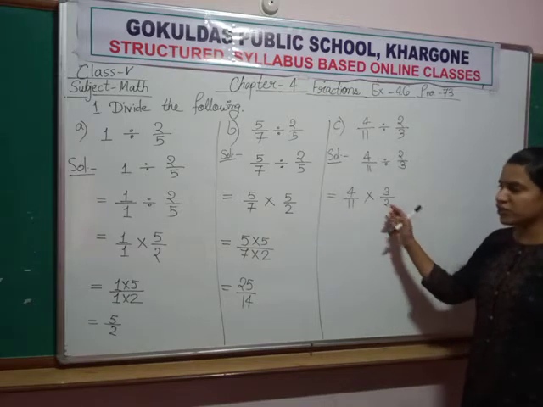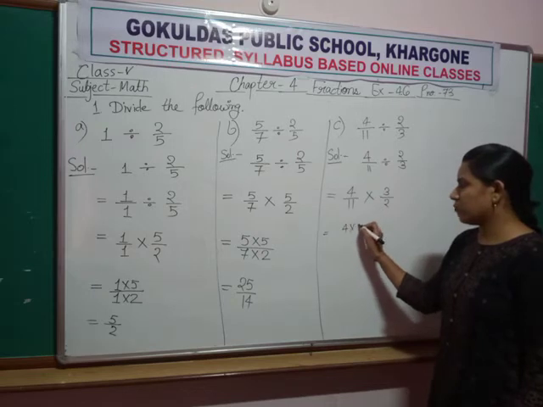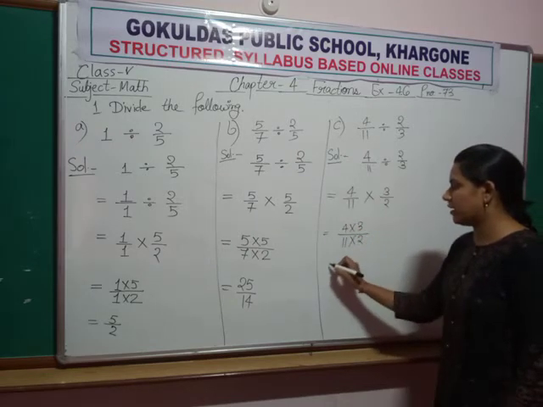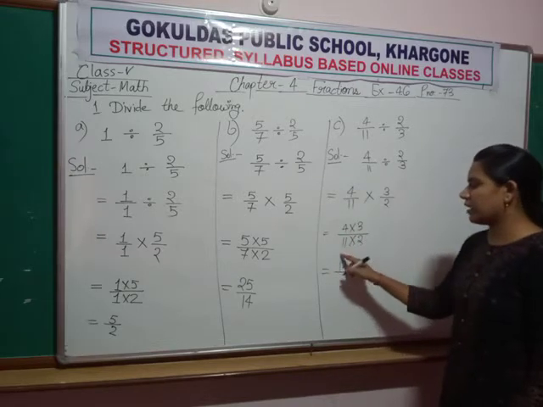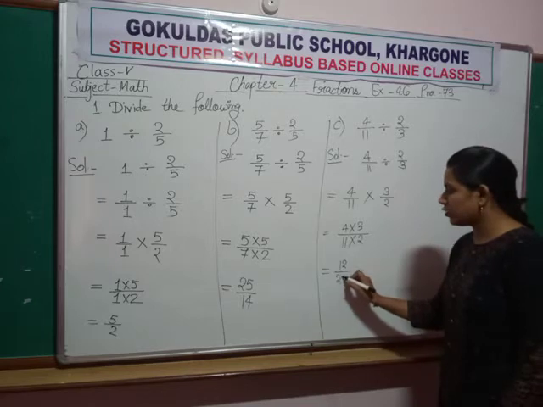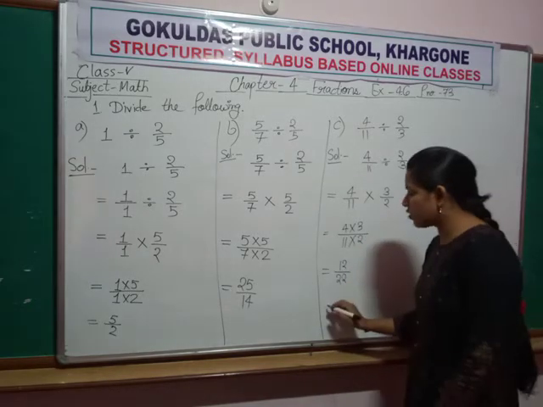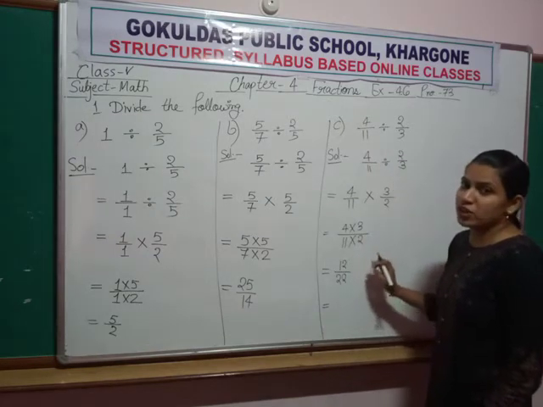Now we have two fractions to multiply. You know how to multiply: numerator multiplied with numerator upon denominator multiplied with denominator. 4 into 3, 4 threes are 12, upon 11 into 2 is 22. Now 12 upon 22 can be written in its lowest form.